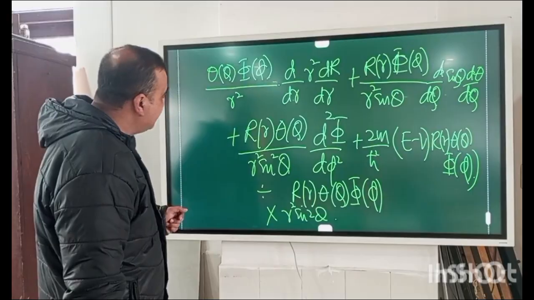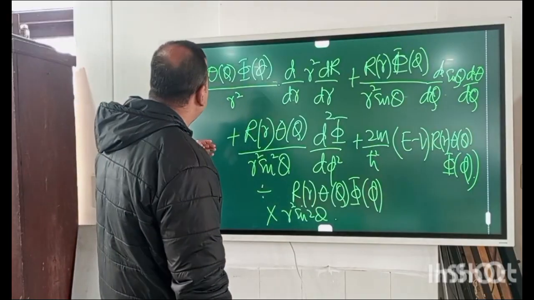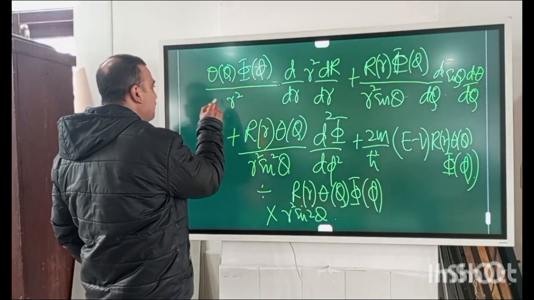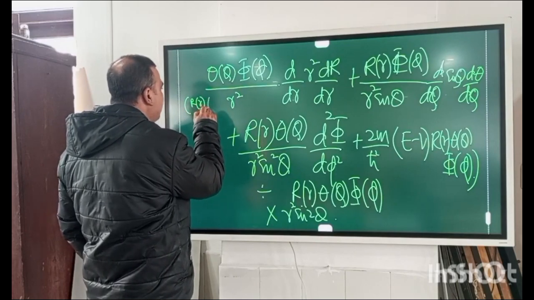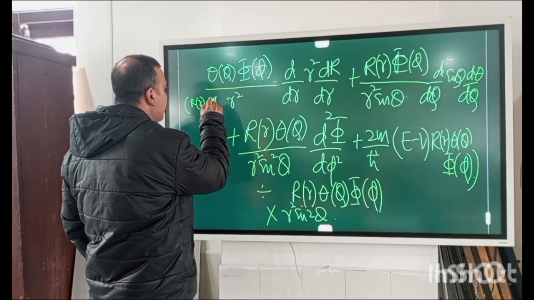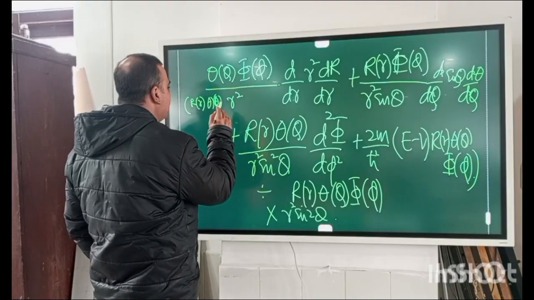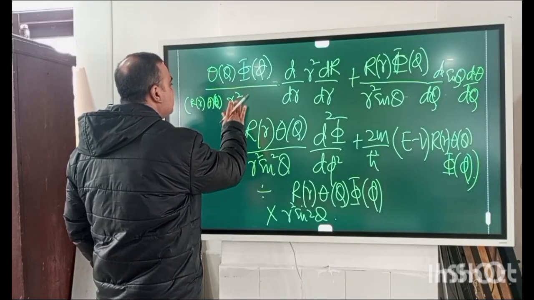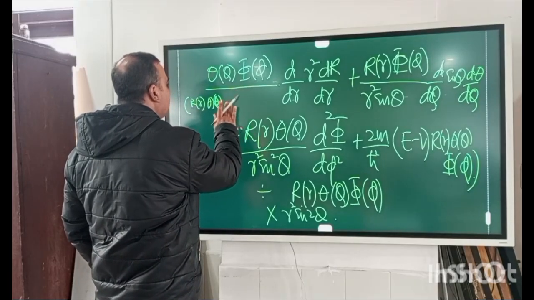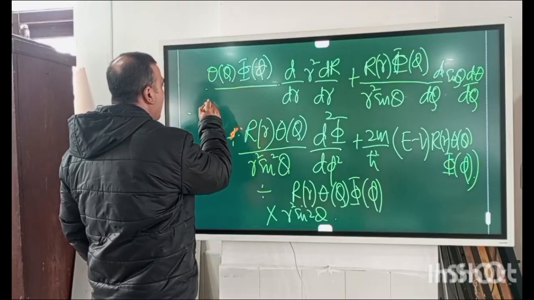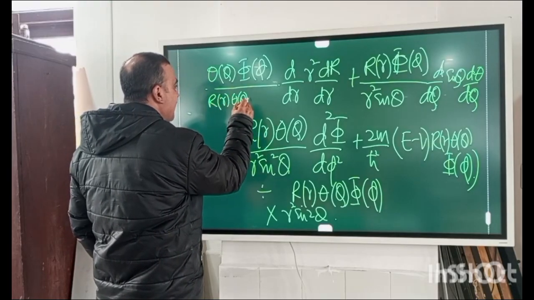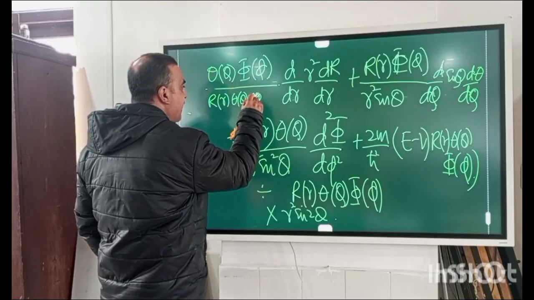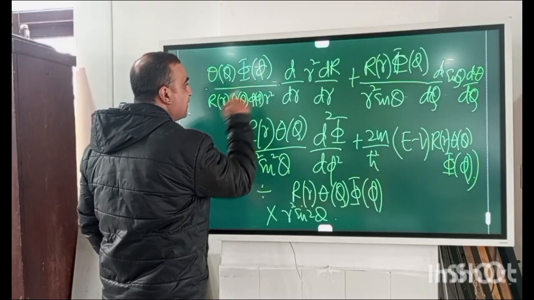So when I do that, you are dividing this equation by r of r, theta of theta, and phi of phi, and you have your r square here.